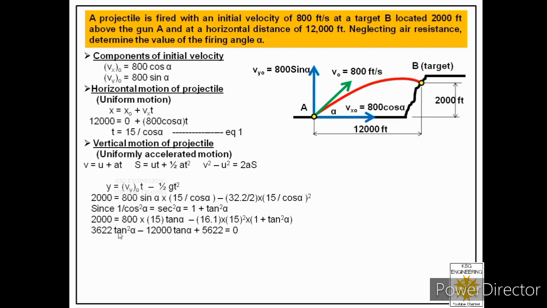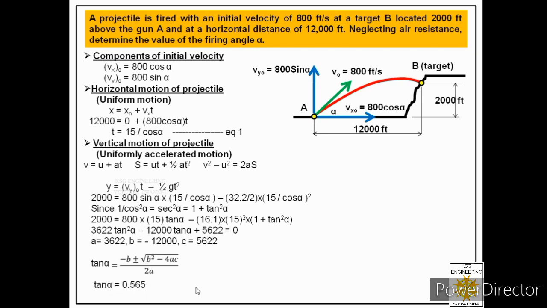So this is a quadratic equation in terms of tan alpha, and in this equation a is 3622, b is minus 12,000, and c is 5622. So we will use the formula of quadratic equation, that is minus b plus minus square root of b square minus 4ac, divided by 2a. So from here we will get tan alpha as 0.565.